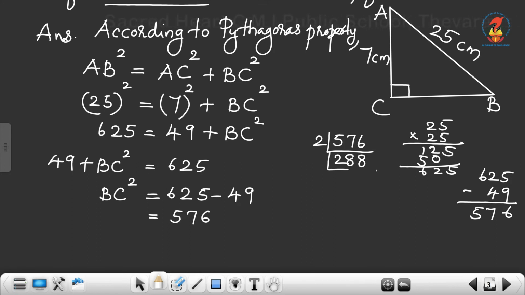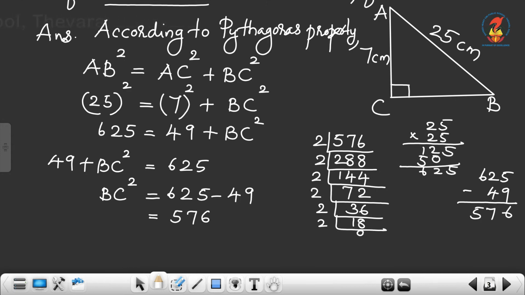Then 288. Again with the 2, 144. 2, 72. Again with the 2, 36. Then 2, 18. 2, 9. 3, 3 and 3, 1.